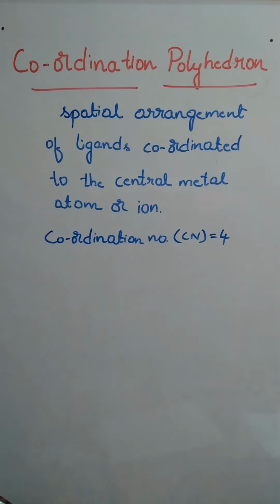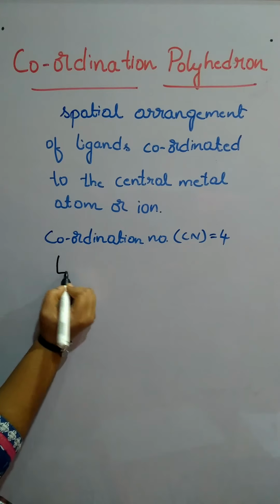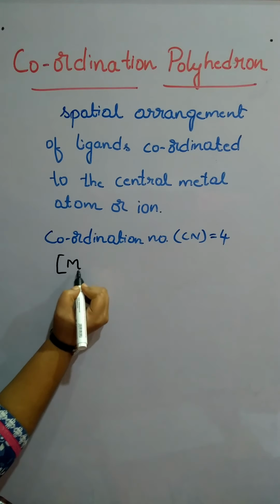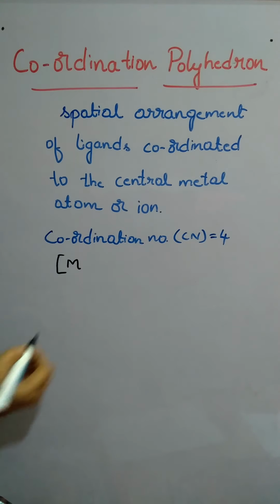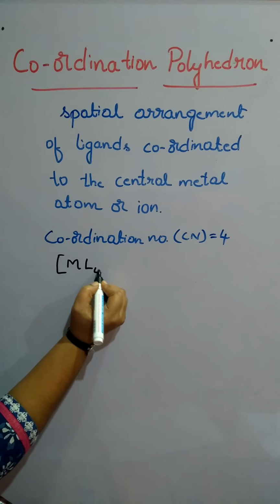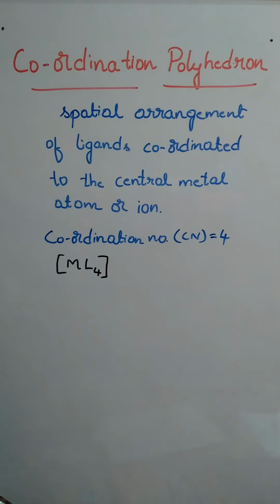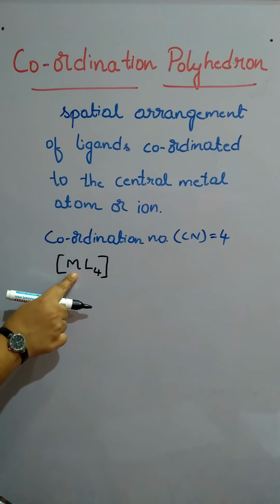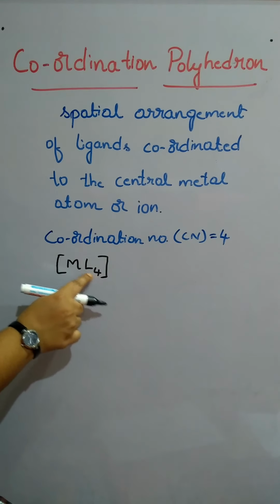So what are the arrangements? If coordination number 4 is there, then the general representation I will be writing: M indicates the central metal, L indicates the ligand. This is the complex, with the central metal atom or ion bonded to 4 ligands.